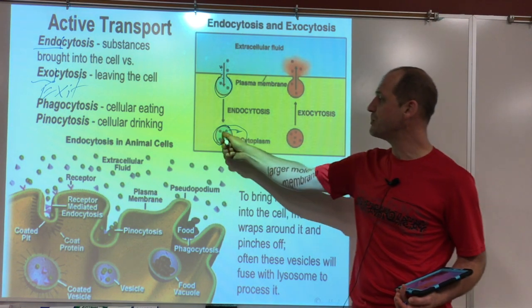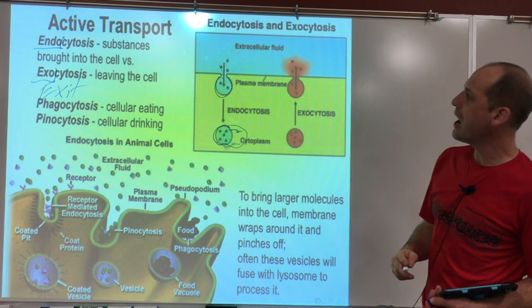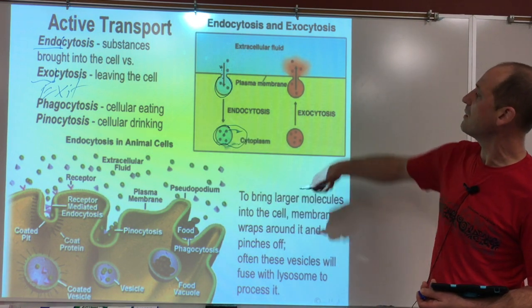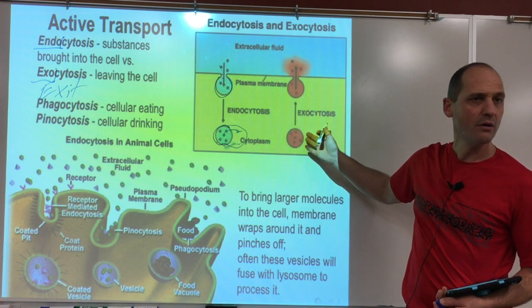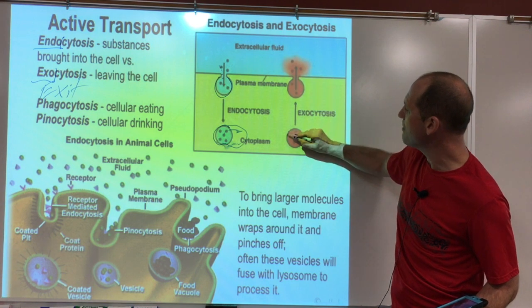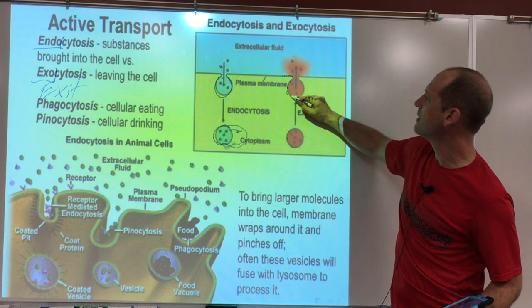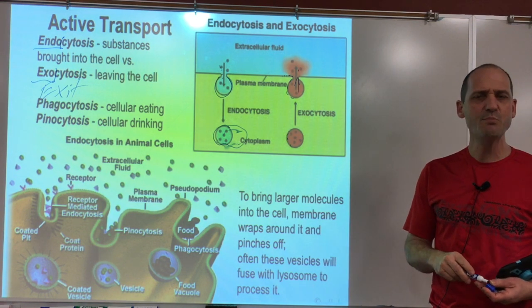And then the food is being digested by the lysosome right inside of it. Or when we want to exit something out of the cell, like we made something and want to let it go, we talked about that with the Golgi apparatus. We just fuse this membrane with the cell membrane, and the contents can go out. Brilliant. Simple.